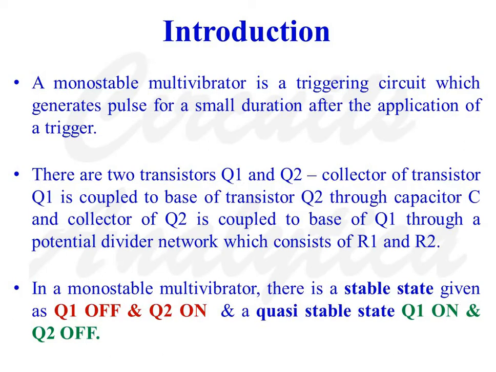In a monostable multivibrator, there is a stable state given as Q1 off and Q2 on, and a quasi-stable state given as Q1 on and Q2 off.